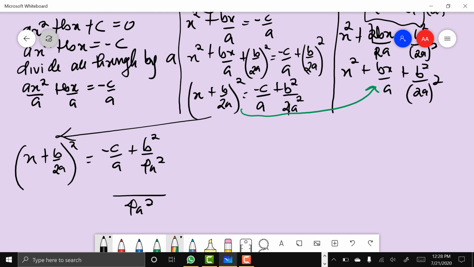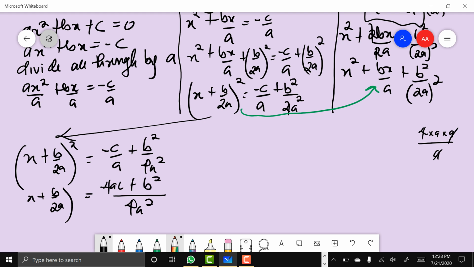So 4a squared divided by a means you have 4a, and the a over a cancels out. So you have 4a times c. You have minus 4ac plus b squared. So I have x plus b over 2a all squared.